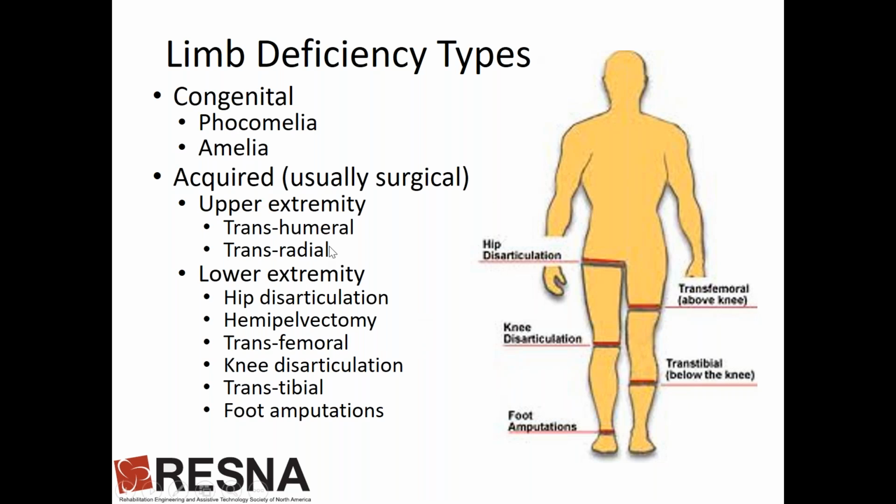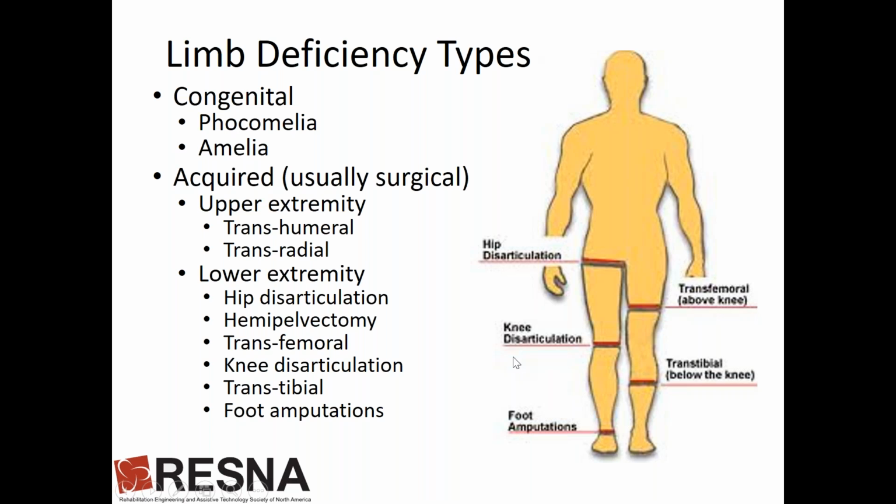So, hip disarticulation or hemipelvectomy. I guess I kind of got ahead of myself. If the pelvis is there, it's just a hip disarticulation. If they start to cut into the pelvis, it'll be a hemipelvectomy. Then with the lower extremity, usually you have a transfemoral, which you hear as above knee, or a transtibial, which you hear as below knee.